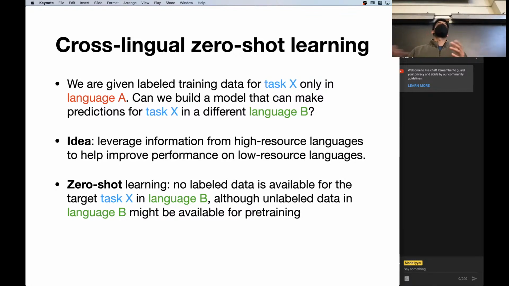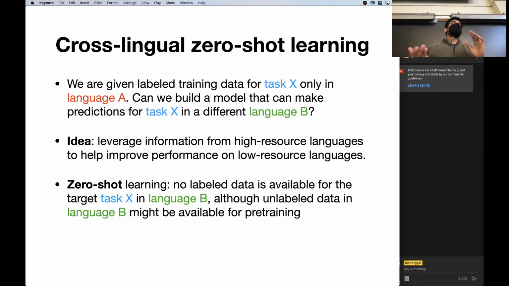So I have no Portuguese sentiment labeled data, so I can't just take my MT5 model and fine-tune it on Portuguese reviews, right? Let's say that doesn't exist. So is there a way that I can still use my model and somehow just have it work in this other language without requiring labeled data in that language?